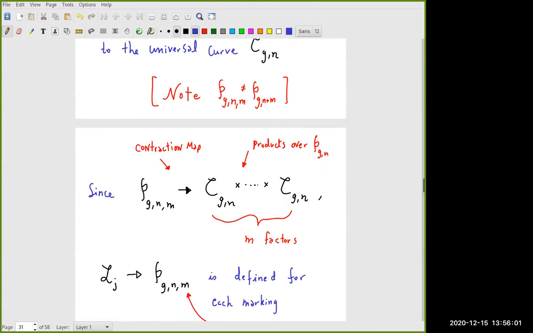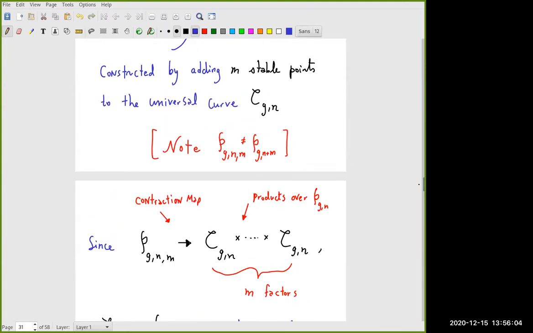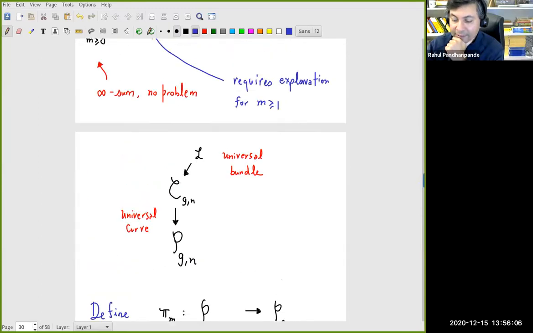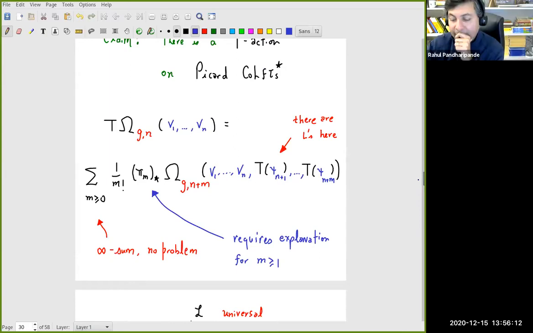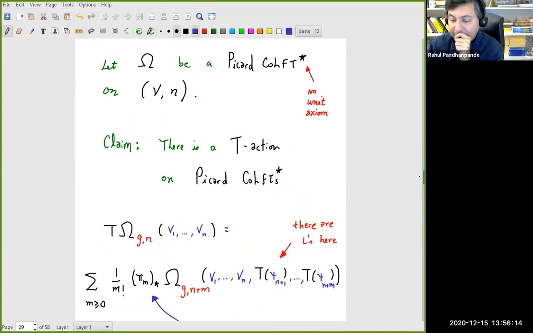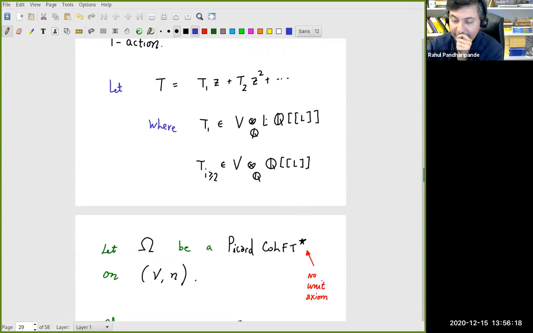Oh, can I ask a question on the translation action? Sure. For instance, there is no eta class. No, the eta class will come. It'll come because there's this L. This T has L's in it. Didn't I put it here? It has L's.